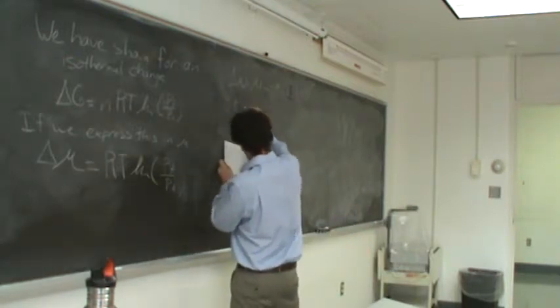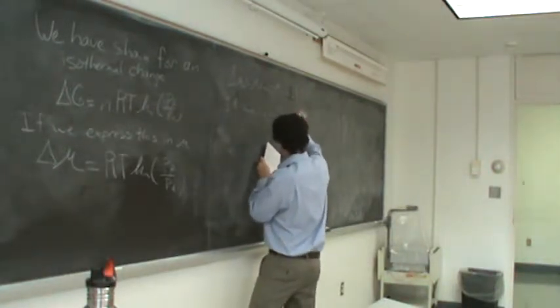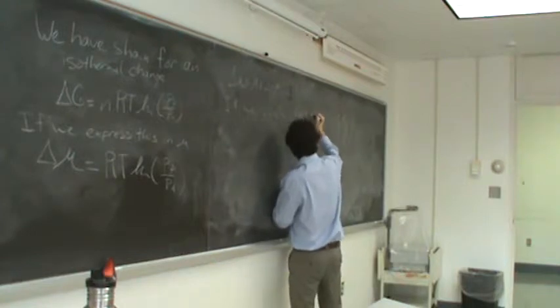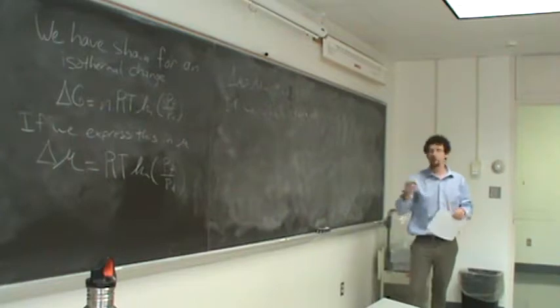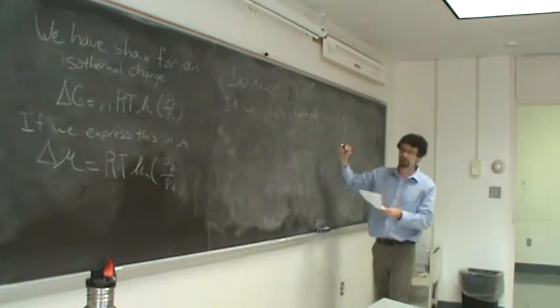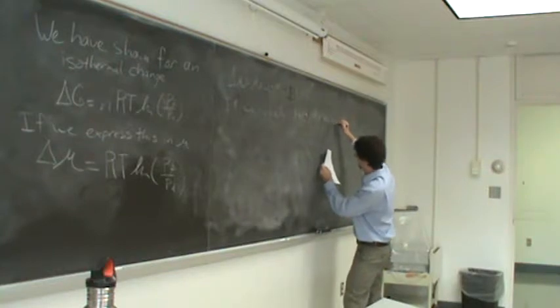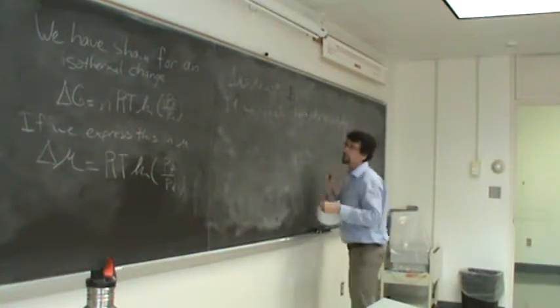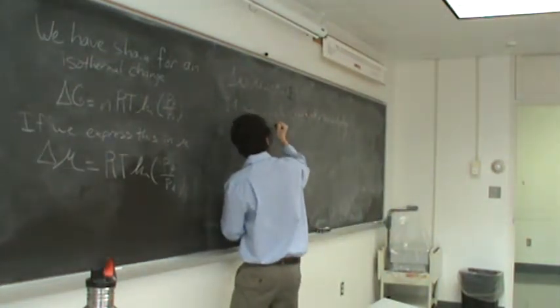If we initially start at a pressure, what pressure do you think we're going to pick? 1 bar, to make our lives easier. So a standard pressure, 1 bar or P naught.